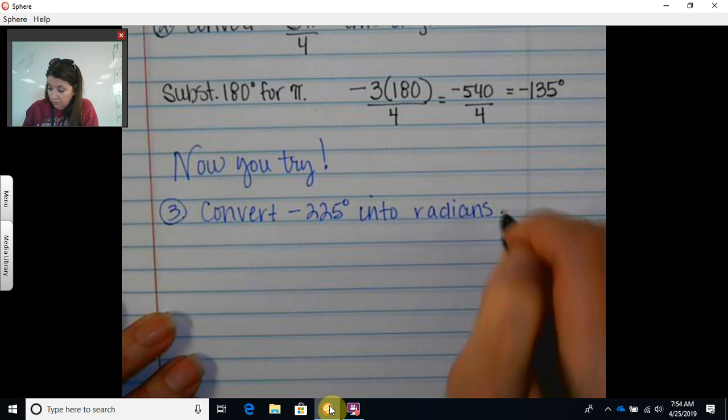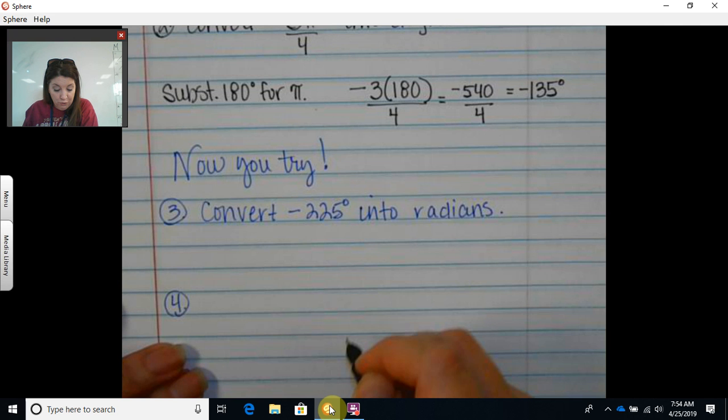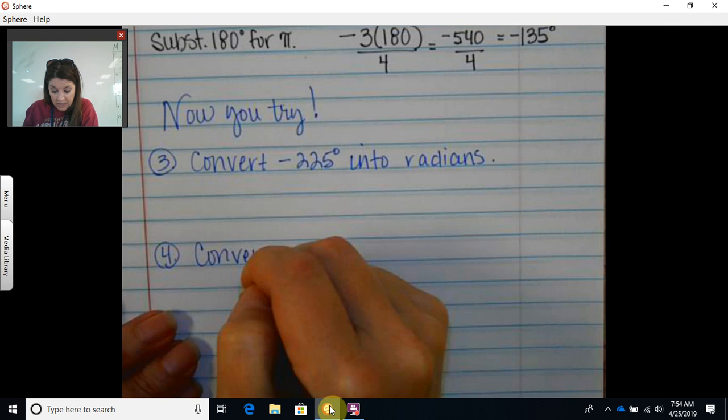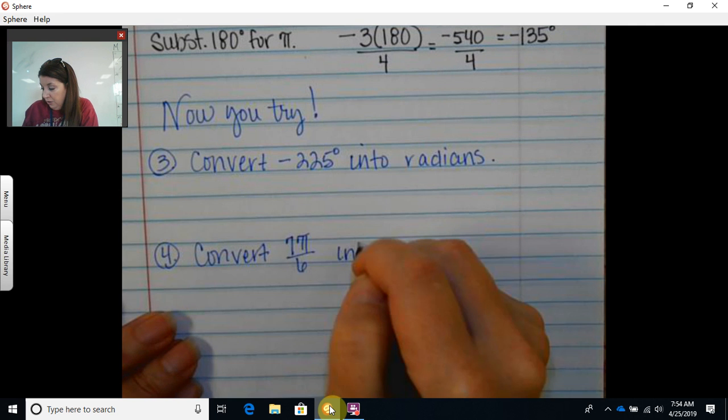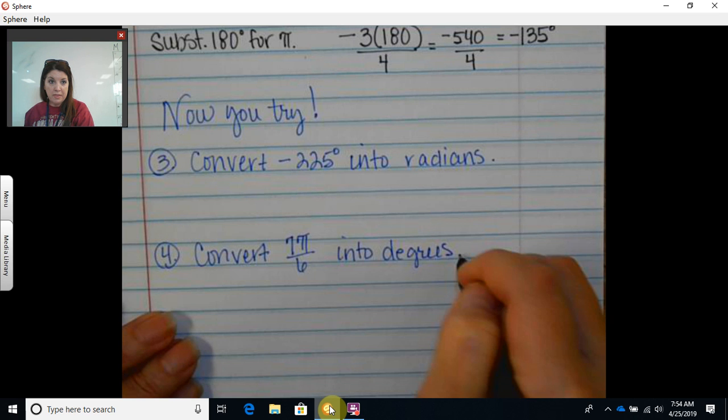And then on number 4, you will convert 7 pi over 6, or 7/6 pi, into degrees. So try those on your own.